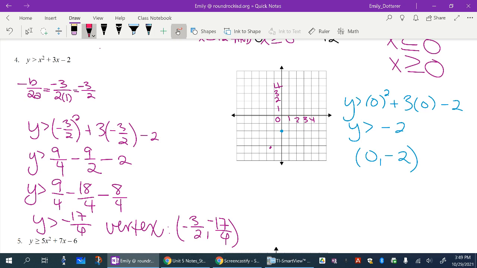Doesn't really make a difference in this case, so let's do negative 3. Negative 3 squared is positive 9. Remember that square means we're multiplying a number by itself, and a negative times a negative is a positive.